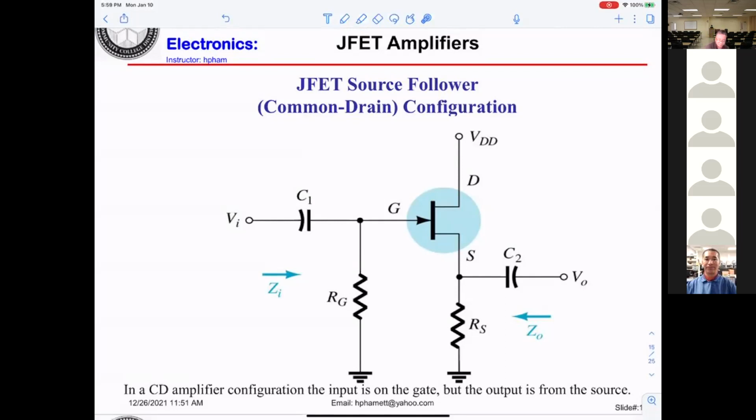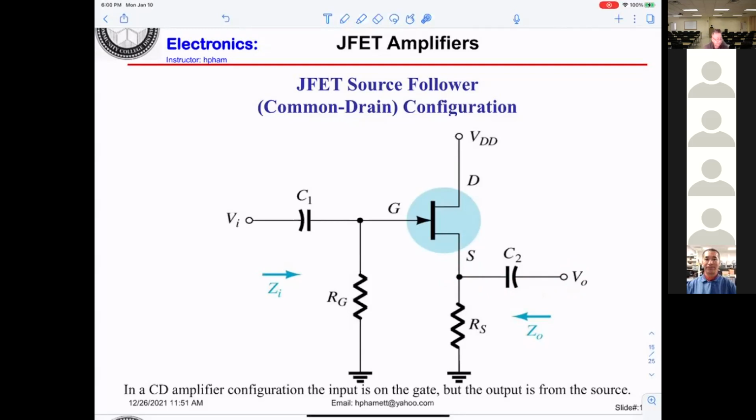The output is identical to the input. Exactly, following the input. The output and the voltage at the source are identical, the same, right? So that's why it gets another name, source follower. That means V out will be following whatever voltage is at the source.